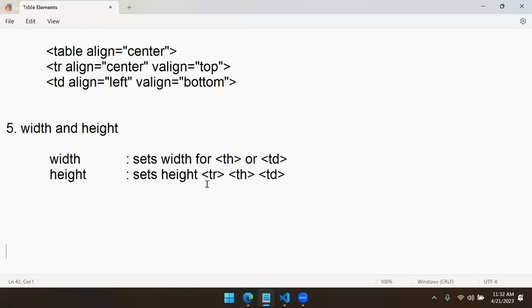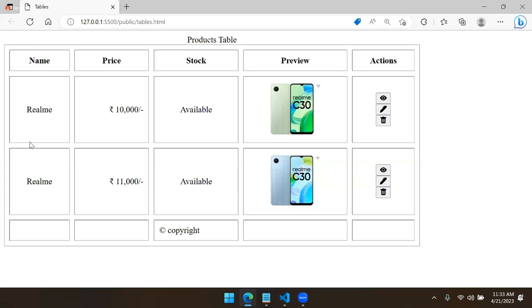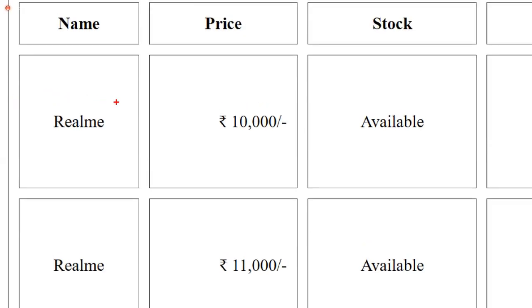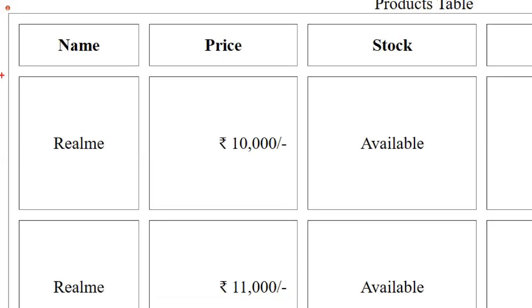For example, width we know, height we know, pixels, however much you want you can mention. Suppose for this name, I want to adjust the width. Remember, if you set width for this cell, it will affect everywhere. That means you cannot have one cell with one width and another cell with another width.